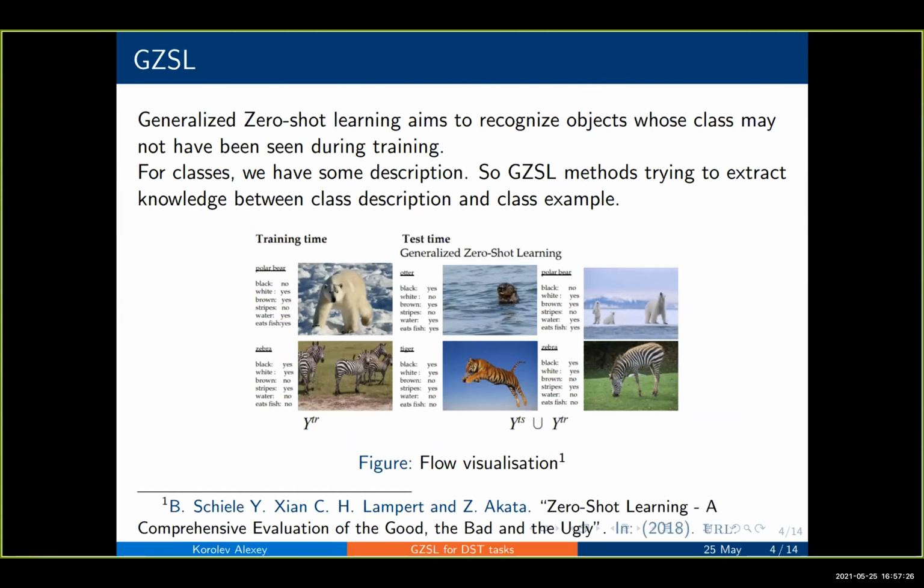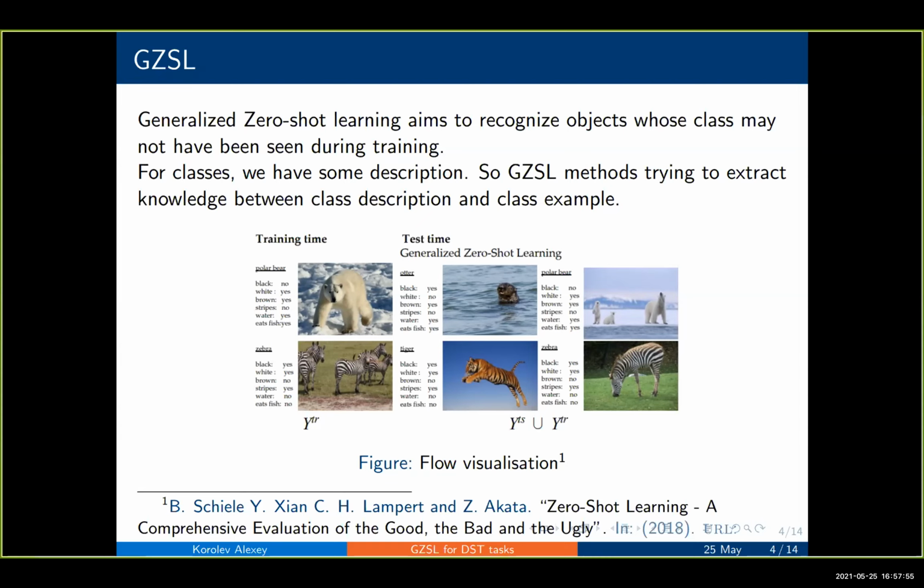Zero-shot learning is a class of task where during training we have... Generalized zero-shot learning is a task where during training we have seen and unseen classes.